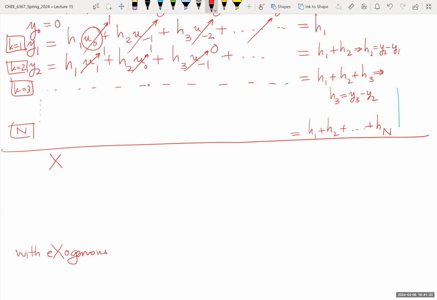Systems without exogenous inputs are what people call time series, which are important because frequently we just have to deal with this situation in practice.